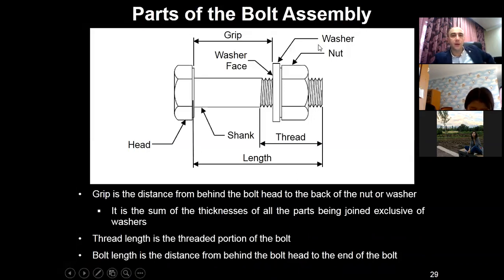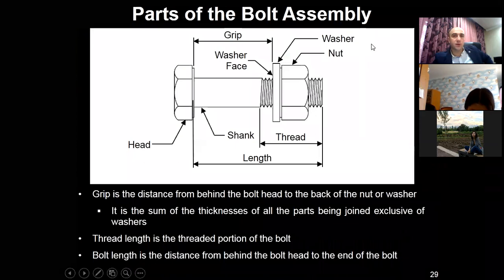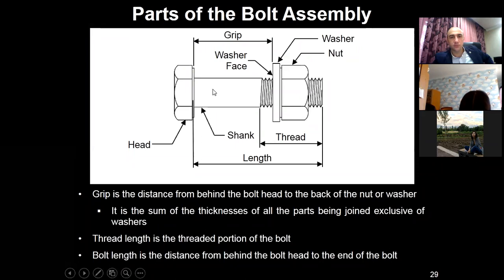Okay, the main parts of the bolt assembly: the head of the bolt, the nut of the bolt, and the washer.